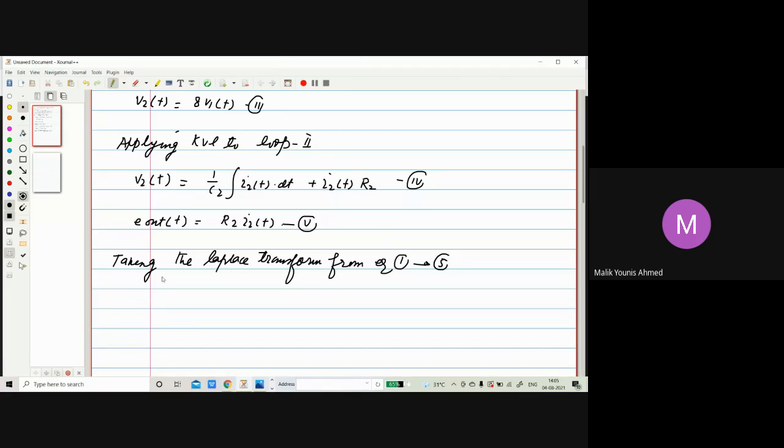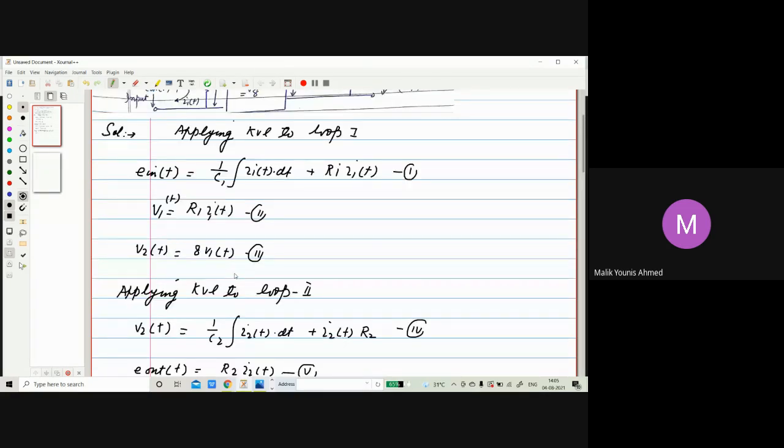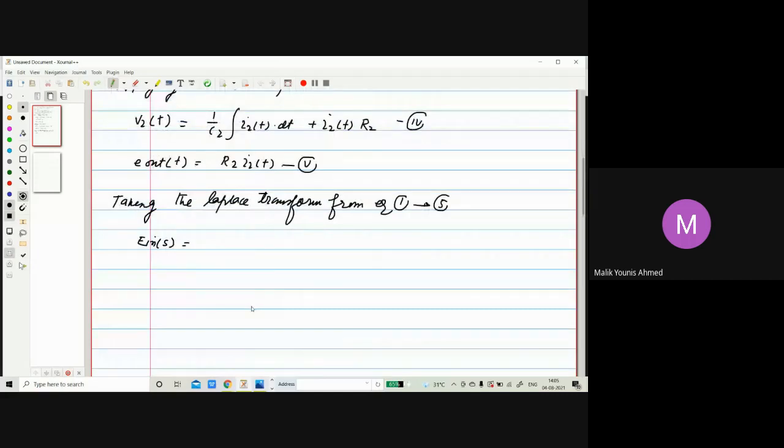So first we will have E in of s, that will be 1 by C1s, and I1 of s, that you know what is the Laplace transform of capacitor, I1 of s plus R1 I1 of s.